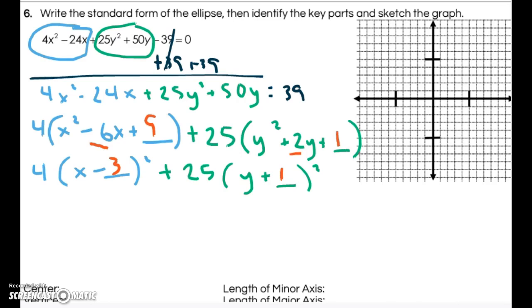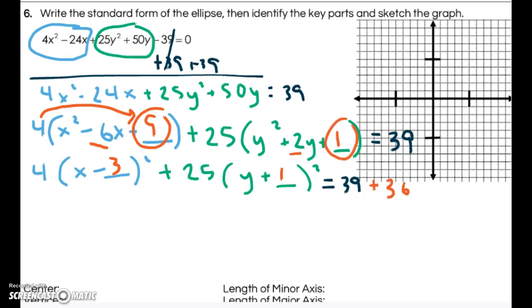Now, here's something that gets a little trickier. Originally, this equation was equal to 39. Sorry, graph paper, running over. And I need to add to the right side what I added on the left side of the equal sign. But what's tricky is it looks like I added 9, but I actually added 4 times 9, which is 36.